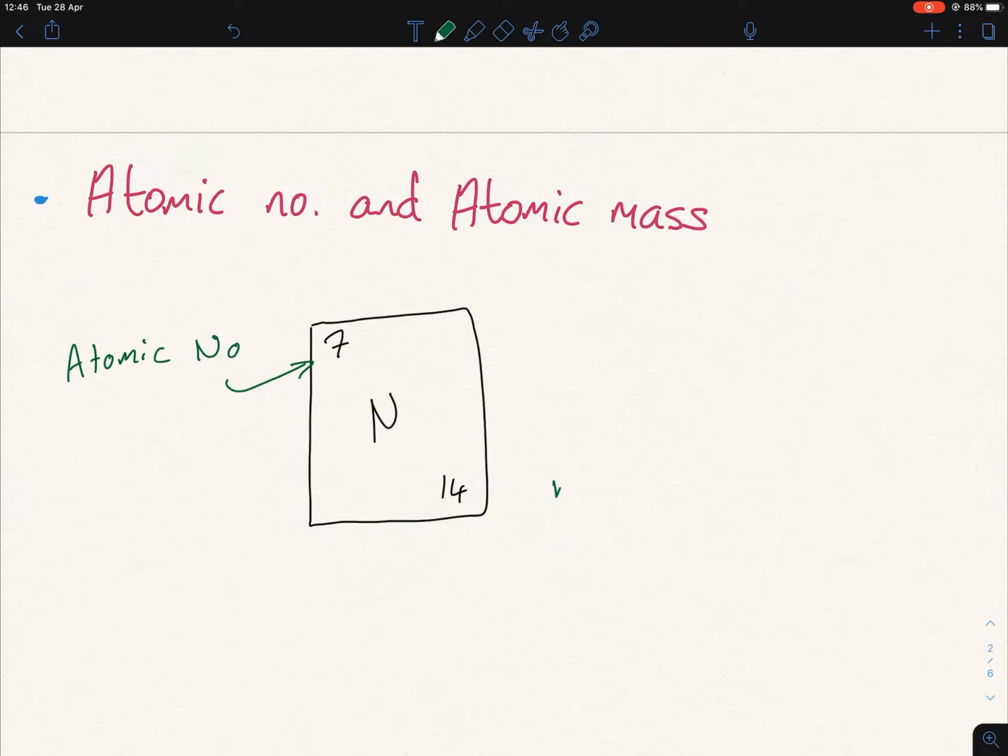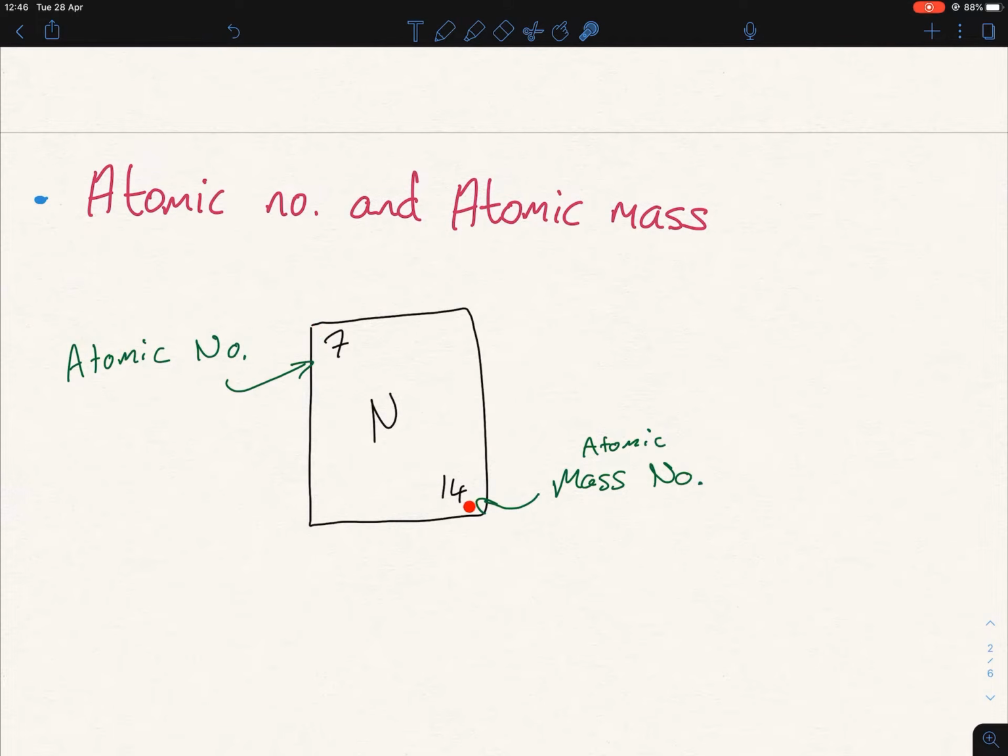And then the mass number, so that's the atomic mass, is 14. Let's say atomic there, so there's no confusion. Now, just to be careful here, guys, because in some examples you're going to see that sometimes they swap these numbers around.